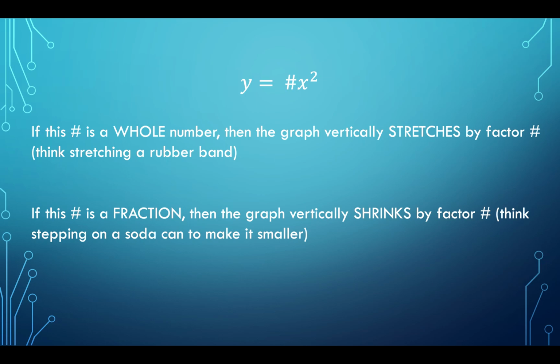Think of it as stepping on a soda can to make it smaller. You're squashing that graph down. So whole number, stretch by that factor, and fraction, shrink by that factor. Whole number makes it bigger, fraction makes it smaller.